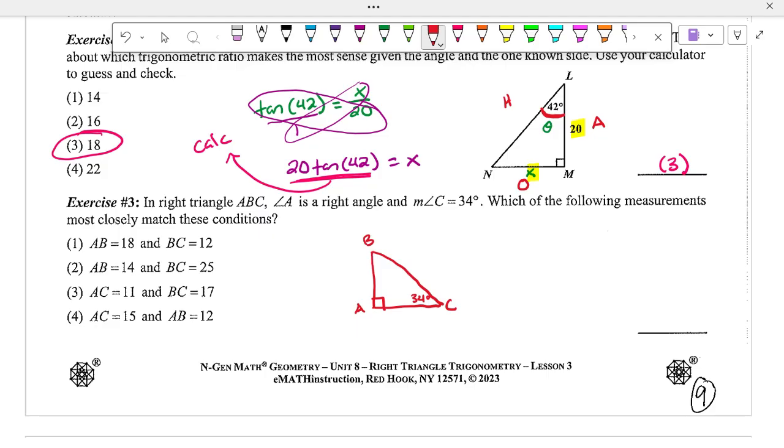All right. So, first off, 34 is our reference angle. So let's just go ahead and mark our corresponding sides. So what side is my opposite? AB, adjacent, AC. So that means BC is my hypotenuse.